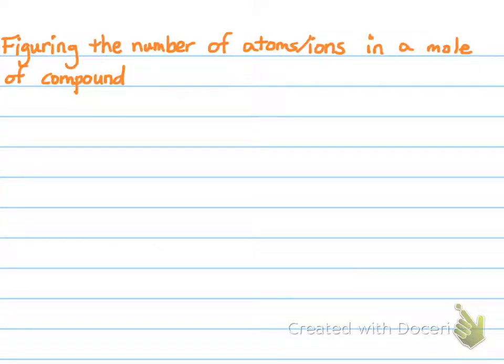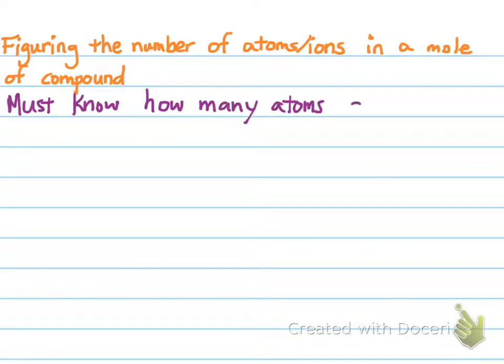So the other kind of problem that you can get kind of related to counting is a problem where it's asking you to figure out the number of atoms or ions in a mole of compound. And to do this, you must know how many atoms are in a representative particle of the compound.